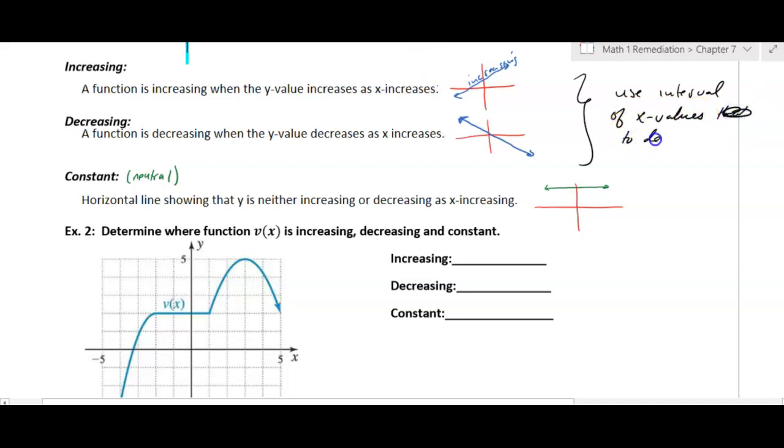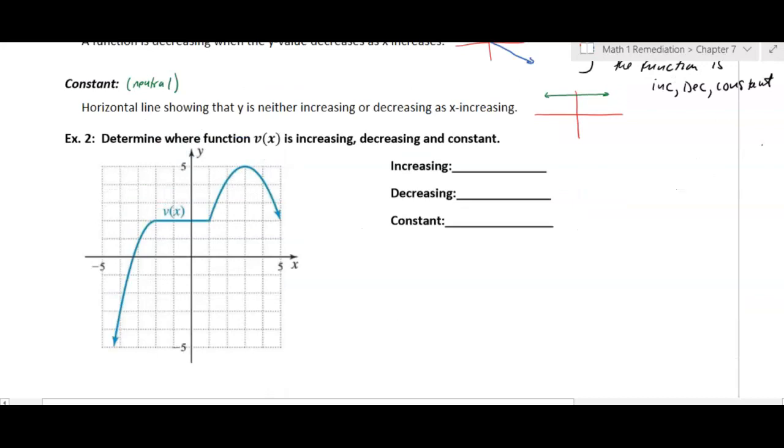And that's to describe when the function is increasing, decreasing, or constant. All right. Now, if you think about it logically, we say the function is increasing from here to here, meaning from this x value to this x value and so on. So let's take a look, right, at what this means.